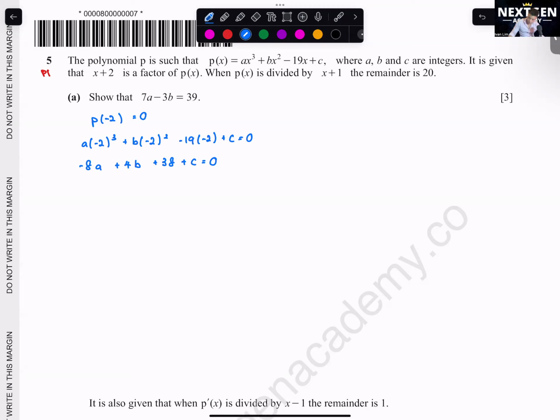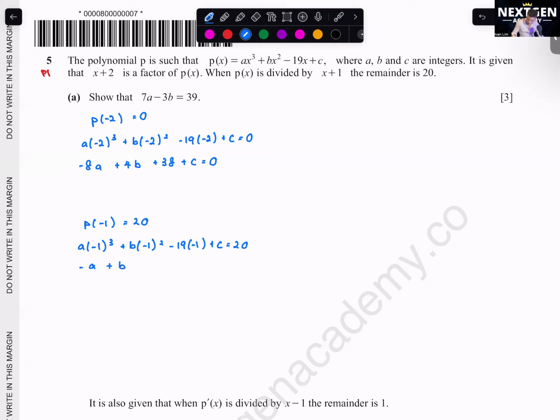The second equation, they say divided by x plus 1. So p(-1) will be equal to 20. This is remainder theorem. So we substitute in a(-1) cubed plus b(-1) squared minus 19(-1) plus c equals 20.